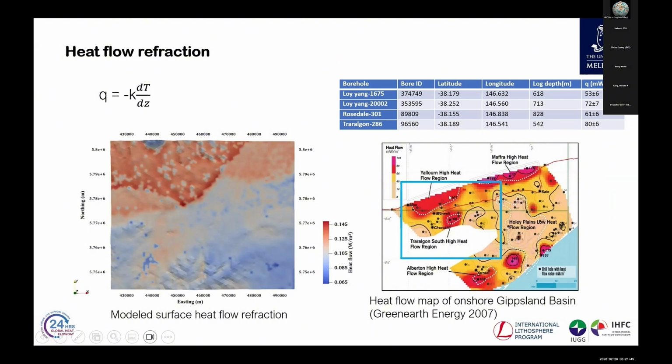In areas such as the Yallourn region, where we have some faults called the Yallourn fault, we get very elevated heat flow values. We also have some point heat flow data observed by the Geological Survey of Victoria.